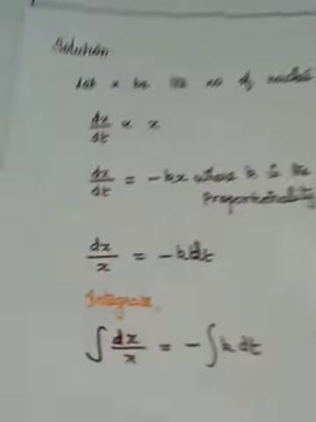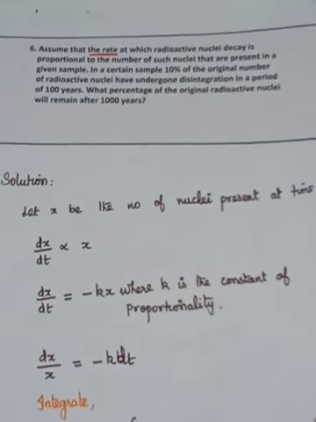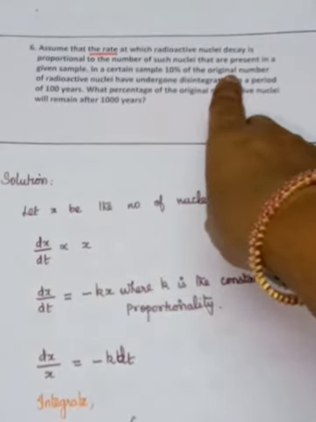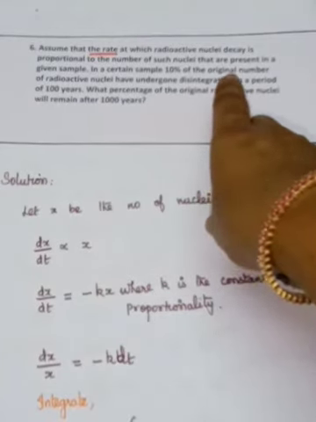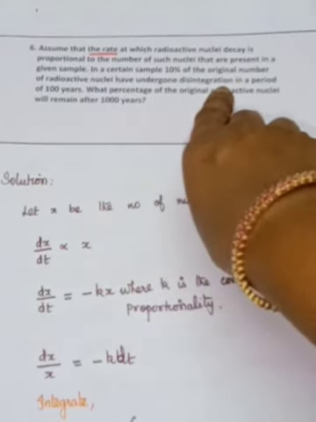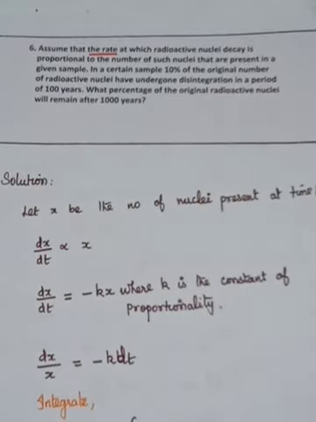What is the given condition? You see that 10% of the original number, that original number we have taken as initially, that is x naught, of radioactive nuclei have undergone disintegration in a period of 100 years. So after 100 years, how much amount is remaining?